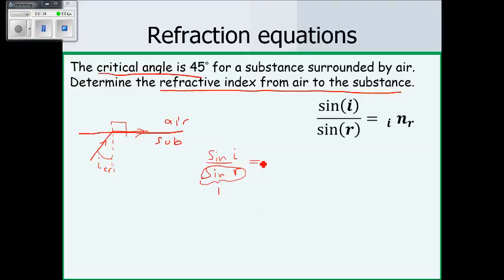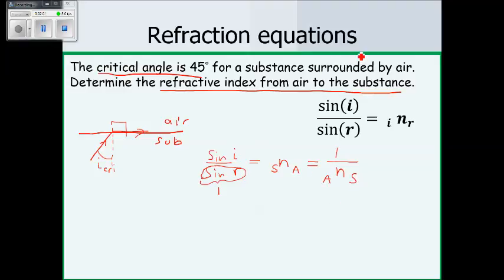So that's going to be the refractive index from the substance to air. So sine i equals, in the end, n substance to air. But we want to know the refractive index from air to substance.